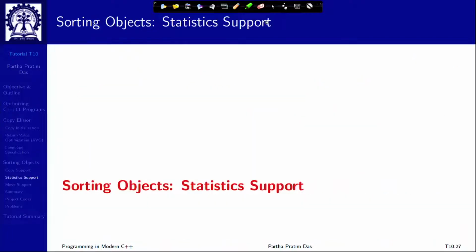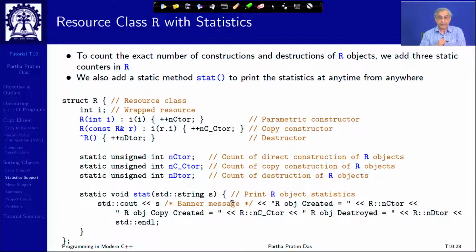Now, this was analytical. If I really want to see the number that is happening, I need to provide some support for statistics. These are techniques you can use in any class, if you are working on performance.